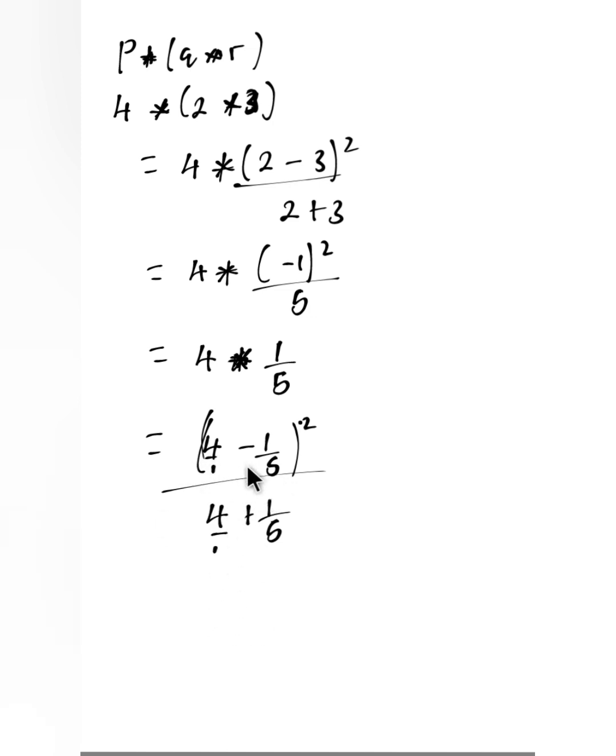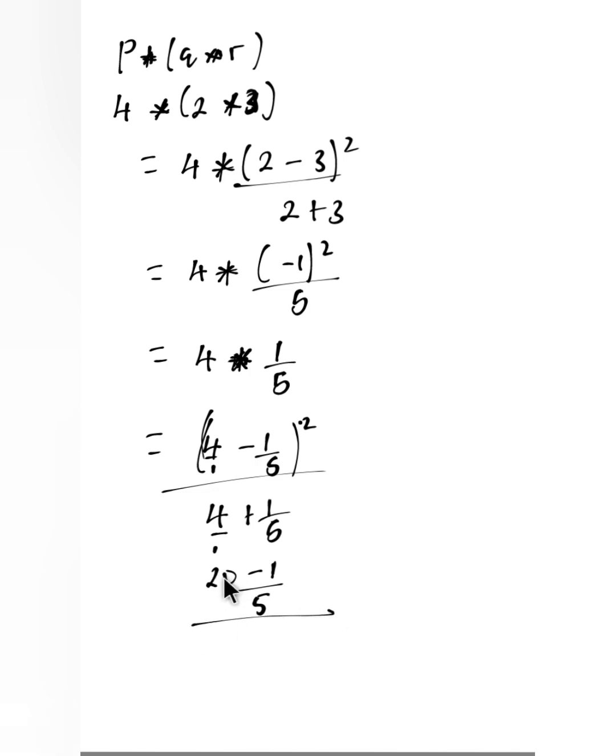Now, the LCM of 1 over 5 is 5. 1 into 5 is 5. 5 times 4 is 20. Minus 5 into 5 is 1. 1 times 1 is 1.